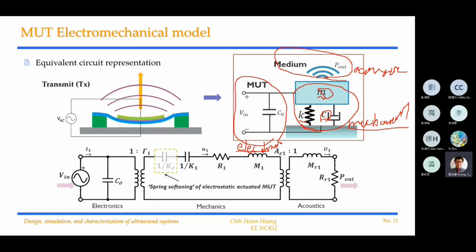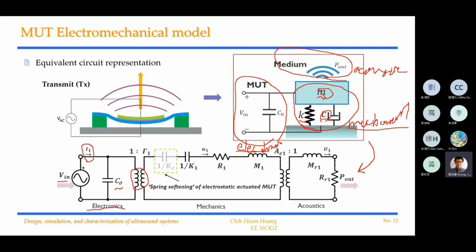Okay, so if we write it as a circuit model, it will look like this. We input voltage, and the voltage generates some current based on how much impedance it faces, and this will be the electronic part.